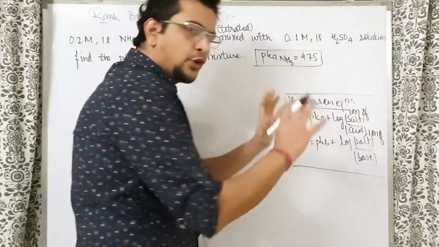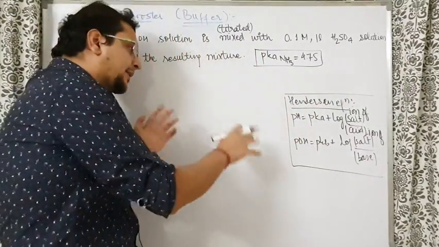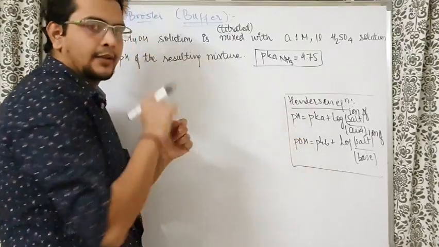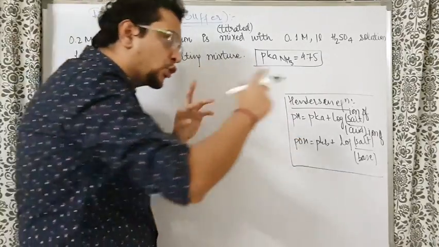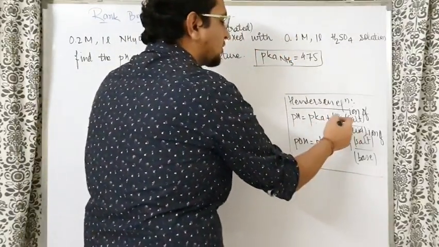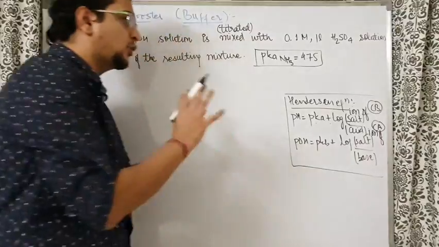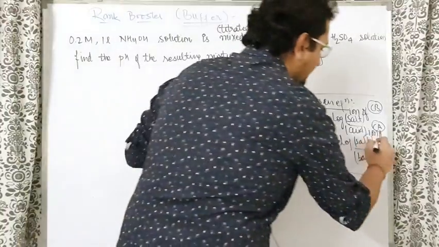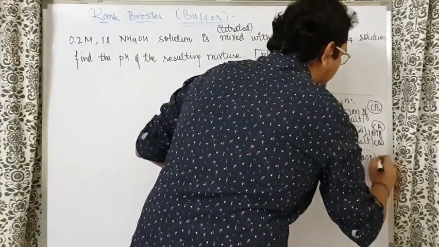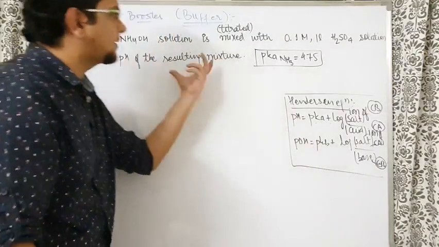If you have, let's say, ammonia, then the ammonium ion. If you have acetic acid, then the acetate ion. So the complementary ion, the conjugate ion that you are getting. So understand that pKa plus log of conjugate base by conjugate acid will be a better thing to say. Also here, conjugate acid by conjugate base will be a better thing to say. So remember this thing. I will make you understand this using this example.